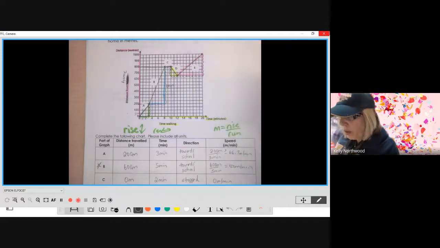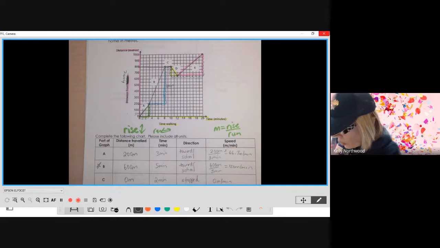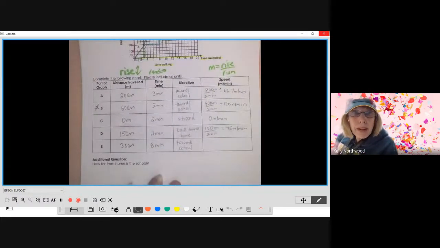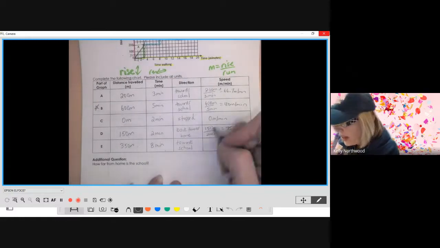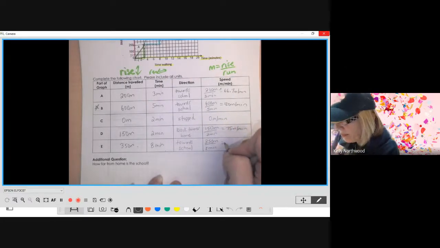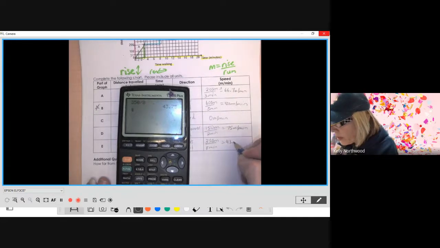And we're getting to school, I think, right? So towards school. 350 meters was our rise. 8 minutes was our run. We went towards school. And then it's going to be 350 meters divided by 8 minutes, which is 43.75 meters per minute.